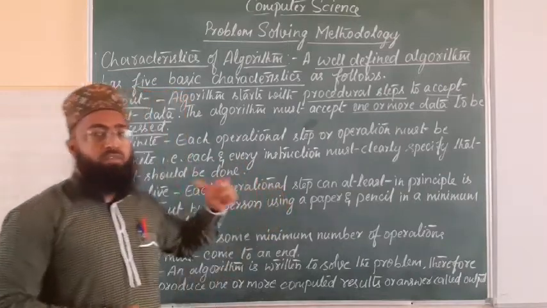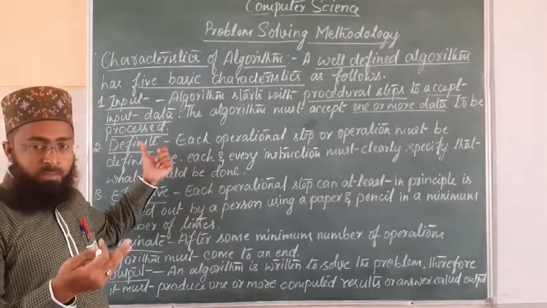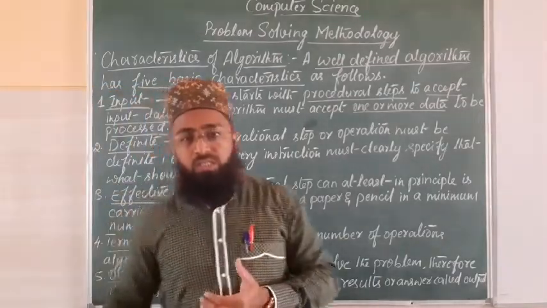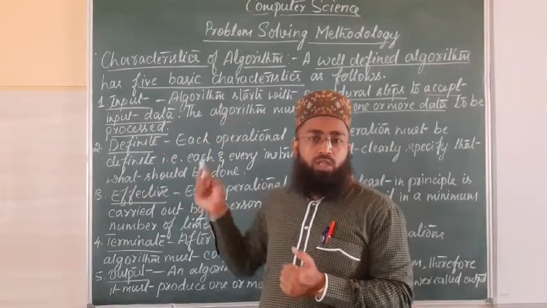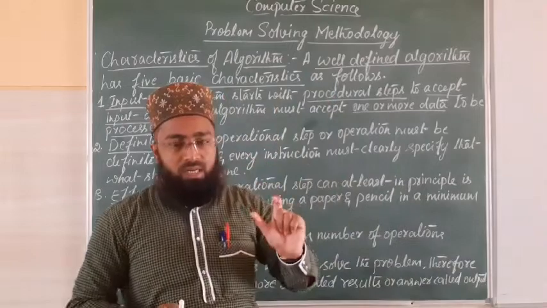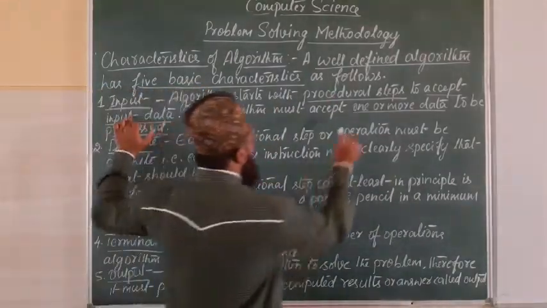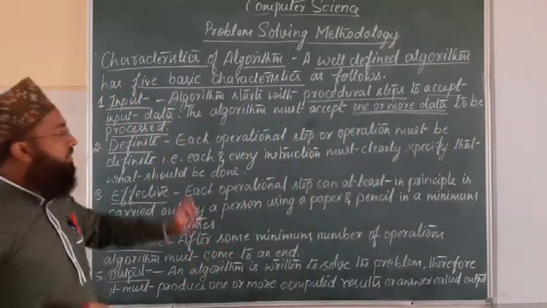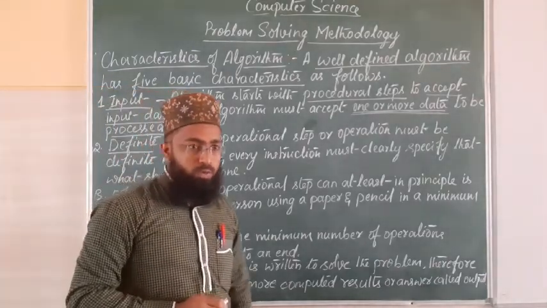After doing the calculation, we will get some result, and that doing of work is called process. To process, an algorithm should include some data, and that data will be called the input. Hope you have understood.